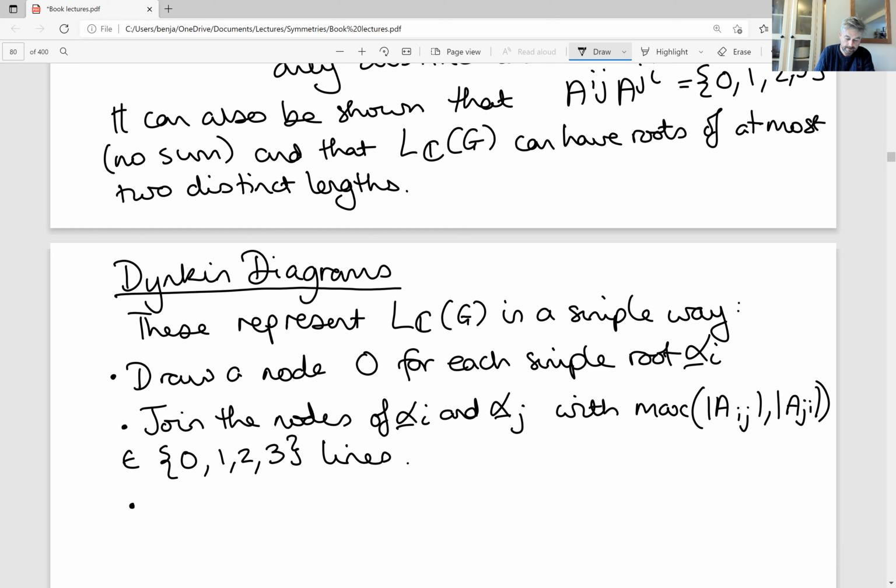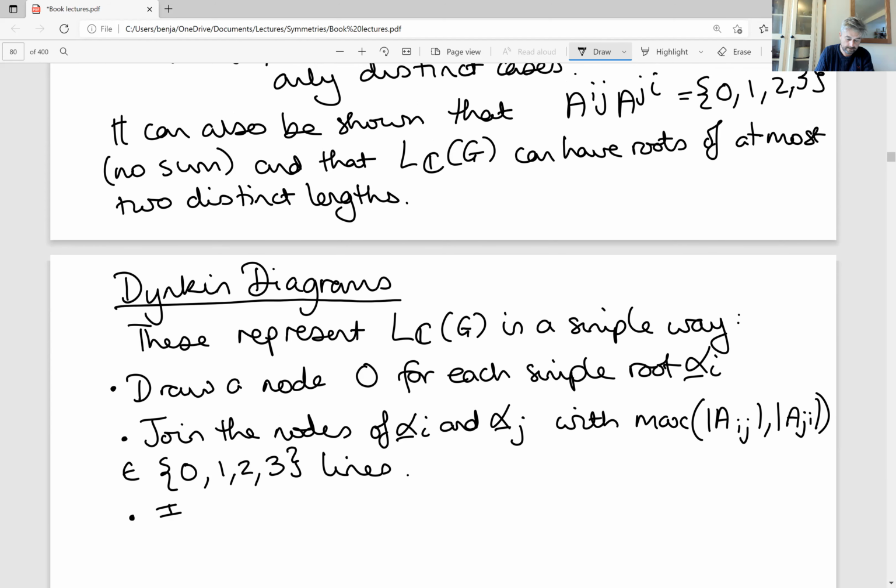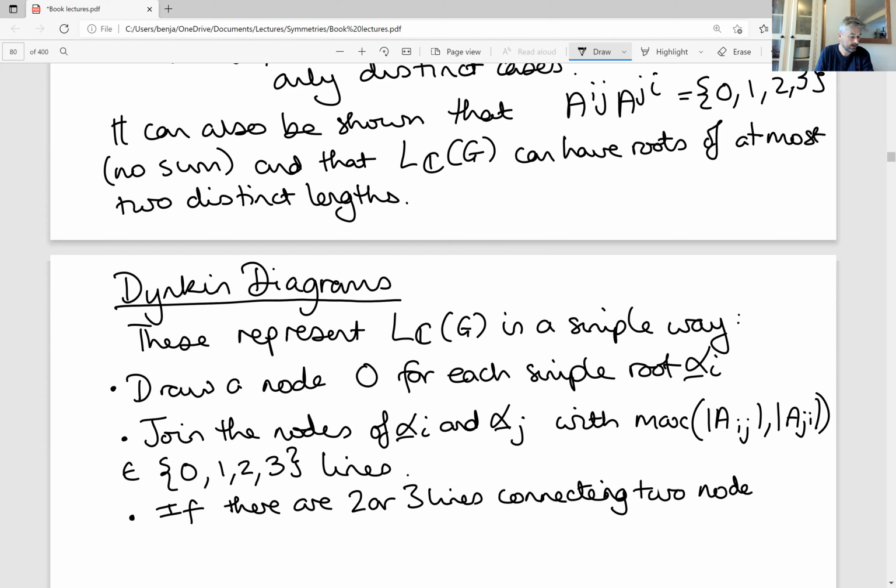And in the case where we have 2 or 3 lines connecting 2 nodes, draw an arrowhead pointing to the shortest.